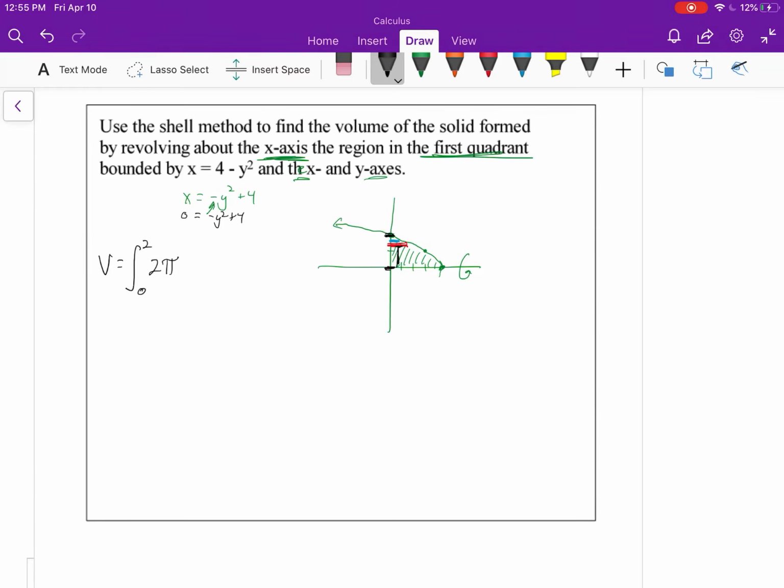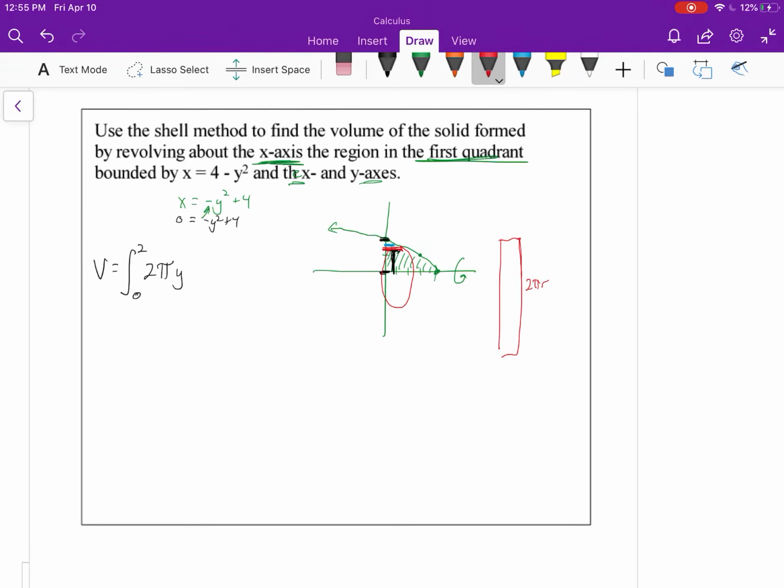Well, this time the radius is the y value. So we're going to put y in here. So 2 pi r times the height. So maybe I should draw this. Let's draw this red one that will be wrapped. So it would be like this long rectangular prism that's wrapped around here.